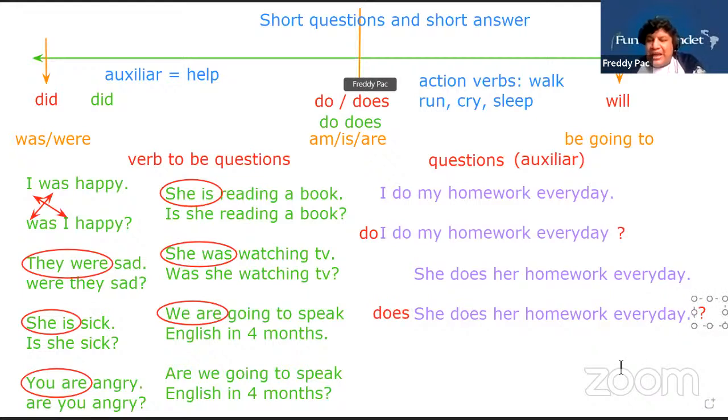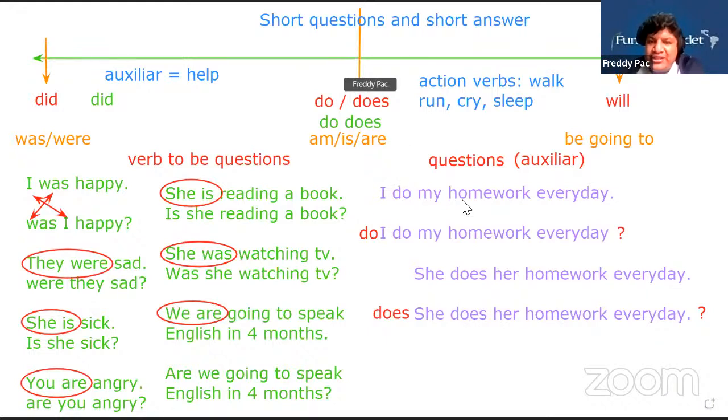Now I told you that the essence is basically almost the same, but in third person, I am going to do something. When I use the auxiliary, guys, I don't need to change my verb anymore. So the only thing that I have to do is to put the verb in base form.